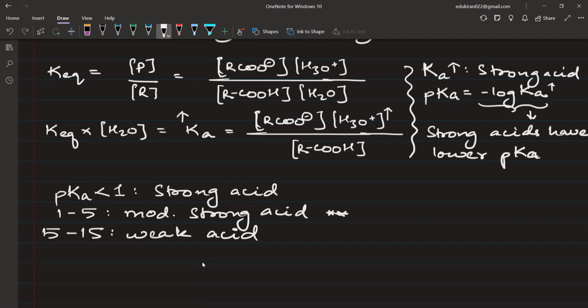Please remember, this is not pH, this is pKa, so it is not going to end at 14. And if you have pKa greater than 15, it is going to be an extremely weak acid. Our carboxylic acid lies in this 1 to 5 range. Its typical pKa is 4 point something, depending on the substituent. Write this down.